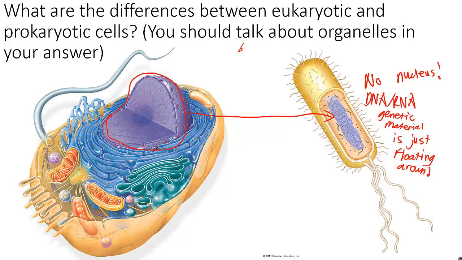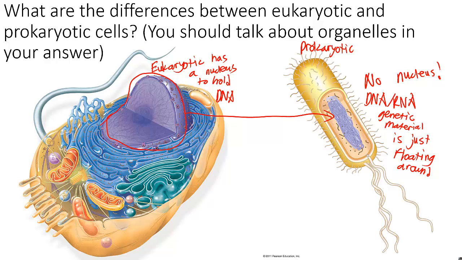There's no nucleus in the prokaryotic cells. In a eukaryotic, we've got a nucleus to hold DNA. Or RNA. Well, let's make it DNA. To hold DNA. A eukaryotic cell's got a nucleus to put the DNA in. The prokaryotic doesn't have that, and the DNA is floating around.